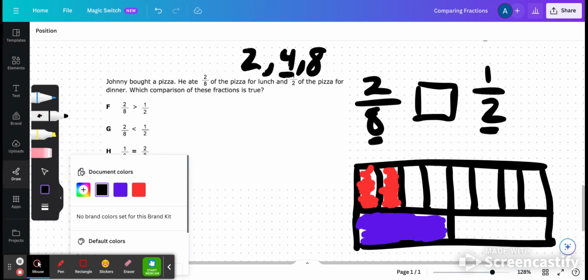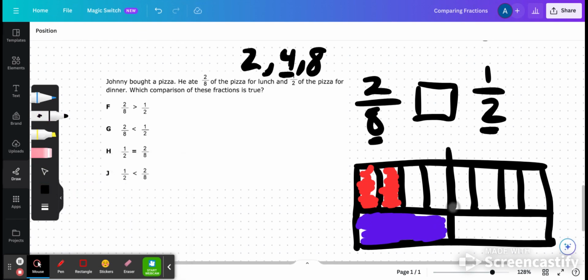I can tell that 1/2 is right at the middle, closer to 1 whole. 2/8 is closer to 0. So 1/2 is definitely larger than 2/8. 2/8 is less than 1/2. And the other way to write it, 1/2 is greater than 2/8.